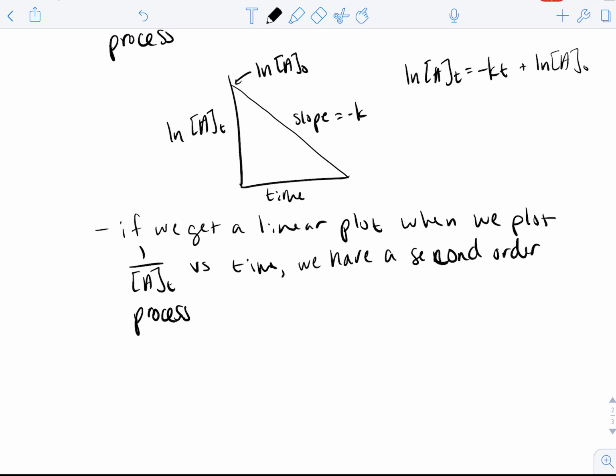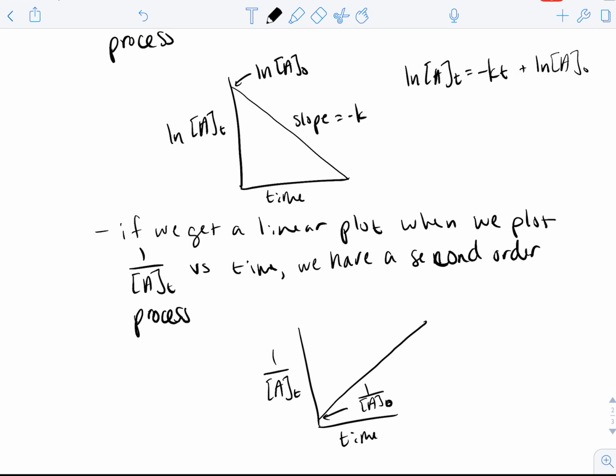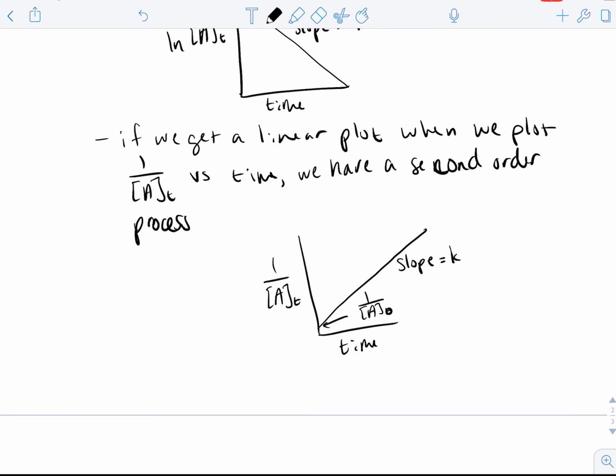And that will look like this, 1 over A at time t versus time. Here we're going to look like this, where 1 over A at time 0 is our y-intercept, and our slope is equal to k. And we can see this when we look at our integrated rate law for a second order process.